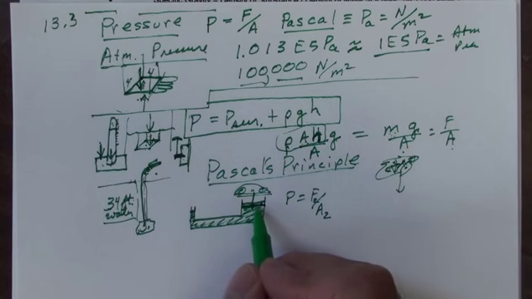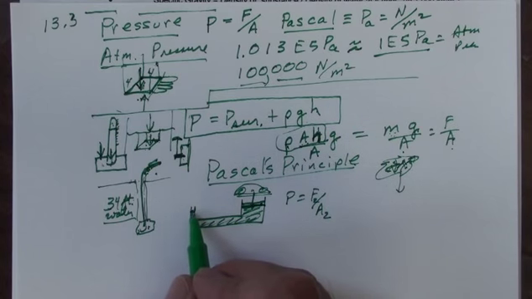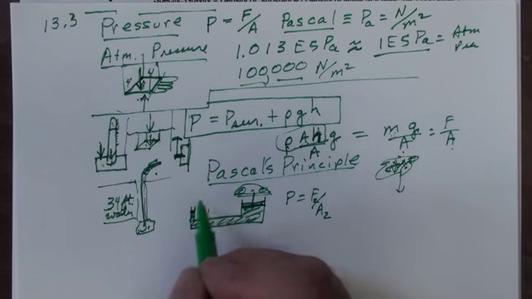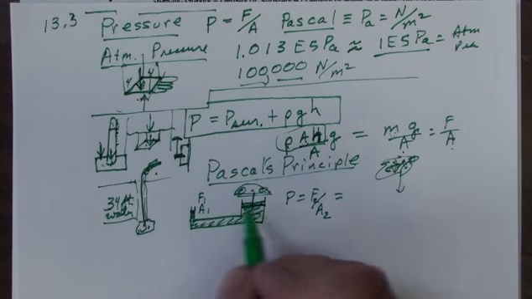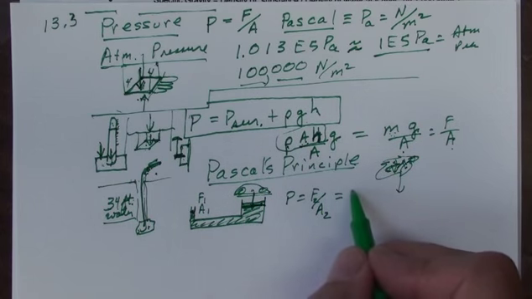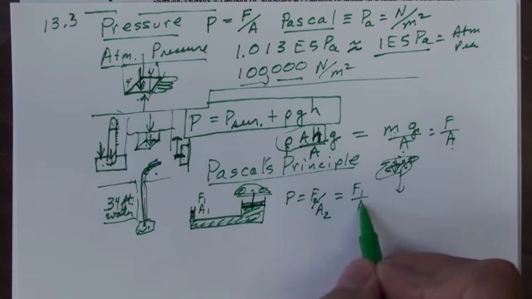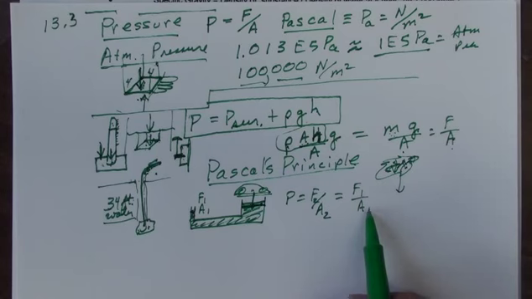Well, I will have the same pressure at the point over here, and let's call this area 1 and force 1. So we know now that the pressure here is the same as the pressure here, so it must be equal to F1 over A1. Well, now if A1 is very, very small, then F1 can be very, very small.